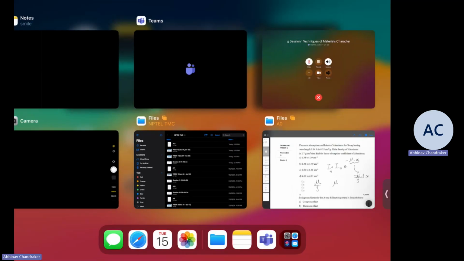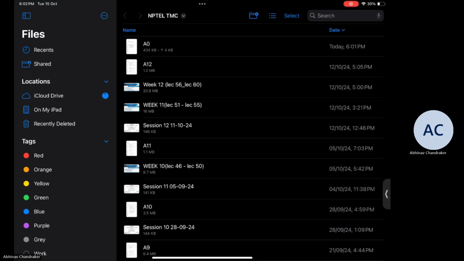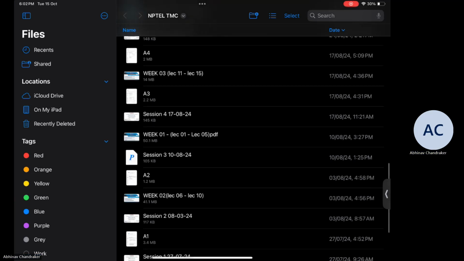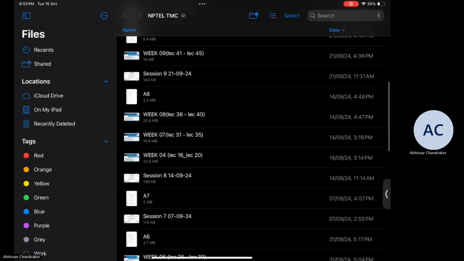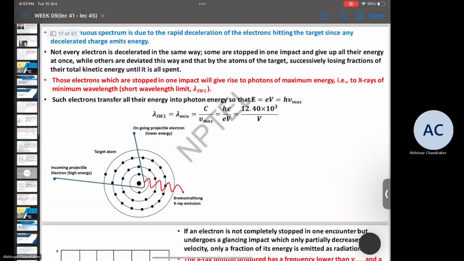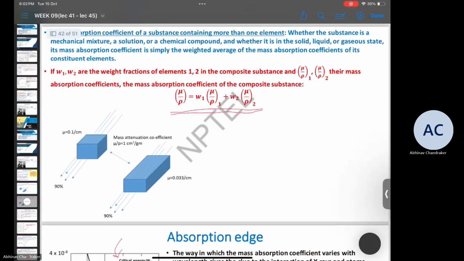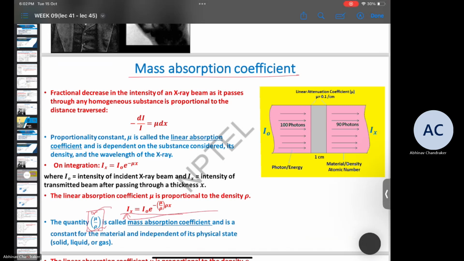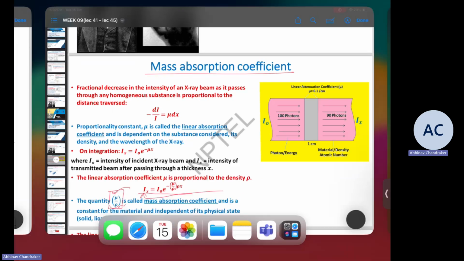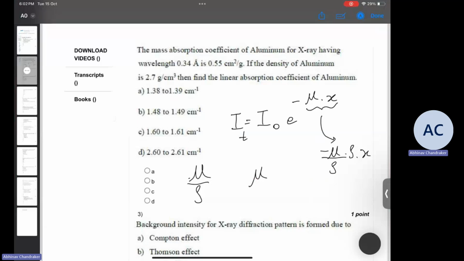We'll also confirm this from the slides. Okay, so the previous statement was correct. The one I made later was wrong.